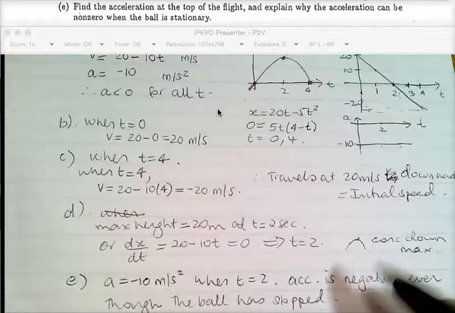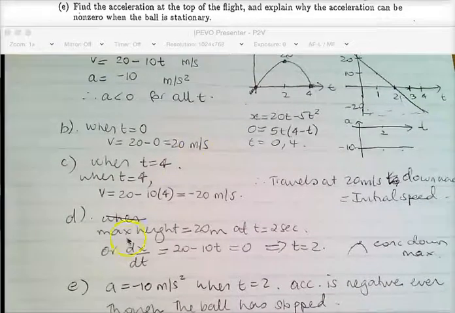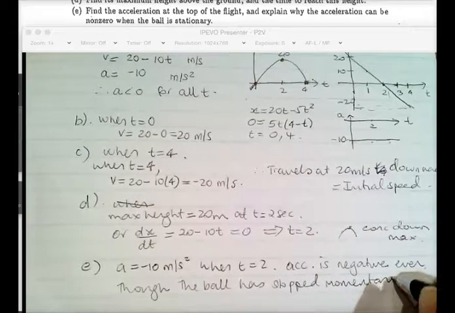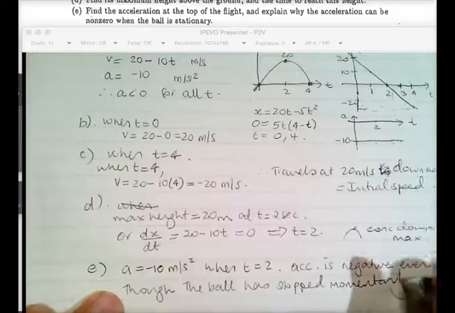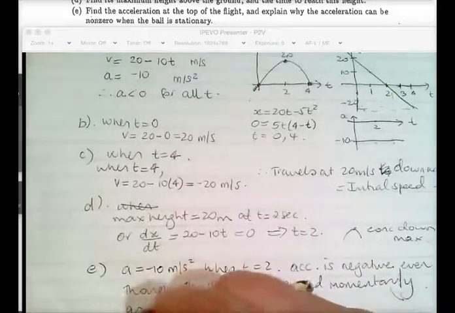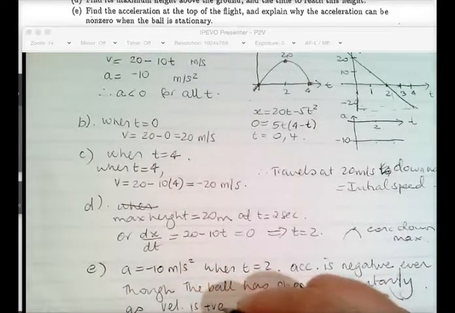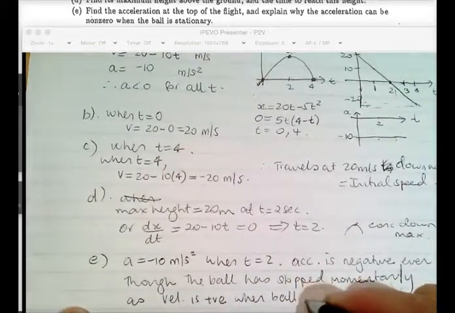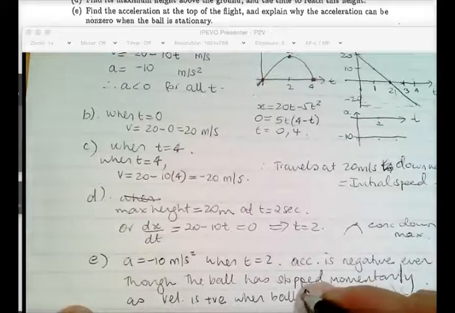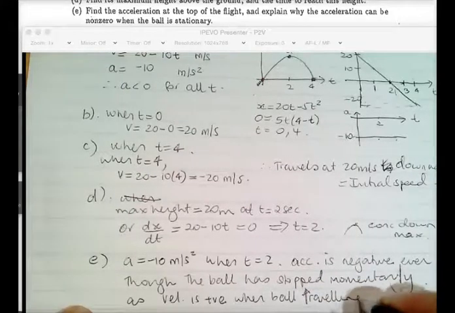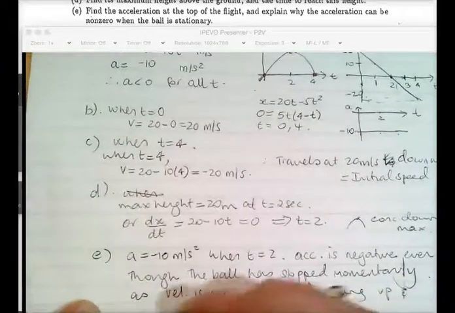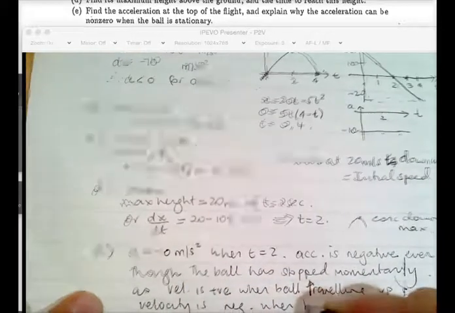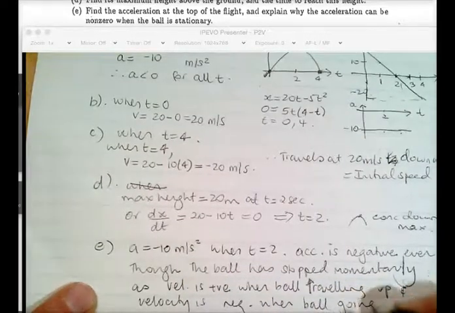So acceleration is negative, but the ball has only stopped momentarily there, because velocity is positive when the ball is going upwards, and velocity is negative when the ball is going downwards.